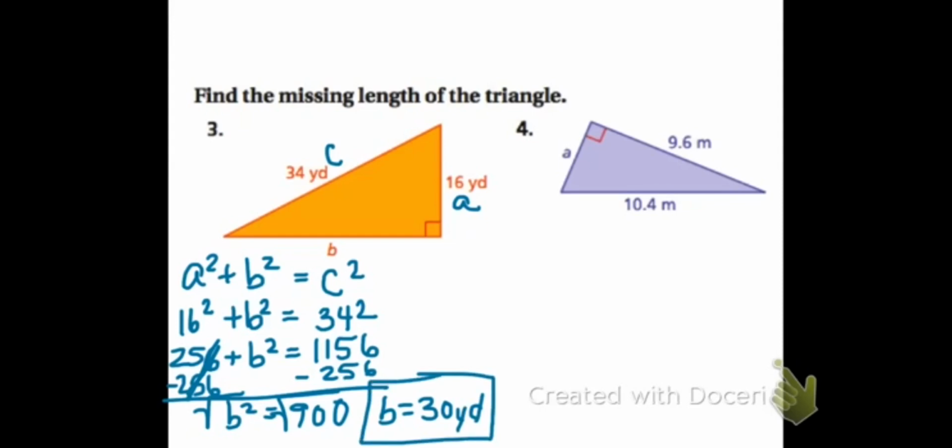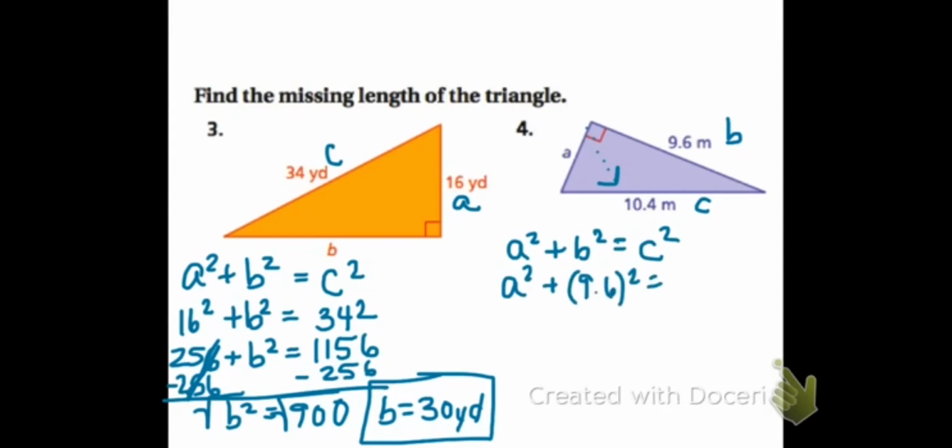Okay? So again, if you need to label on number 4, the missing side, so that you make sure to put the numbers in the right place, always look to find c as opposite of that right angle. So a squared plus b squared equals c squared. We don't know a. 9.6 squared is equal to 10.4 squared.